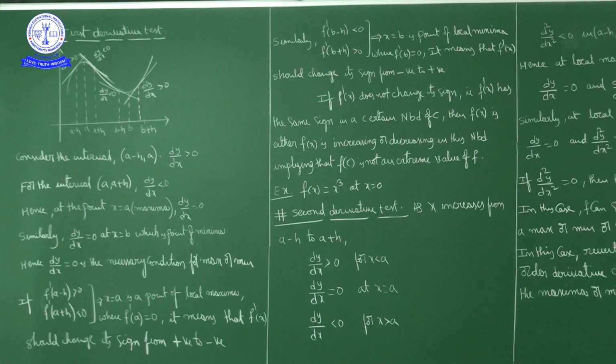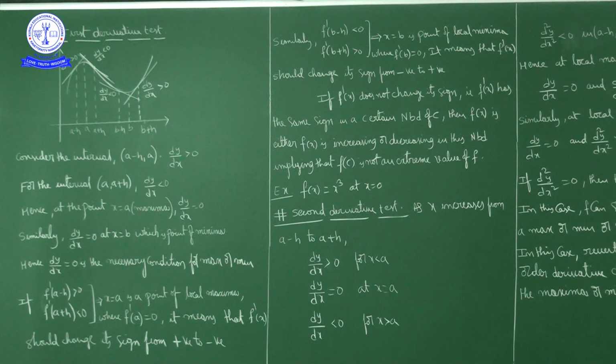Okay, next, the second derivative test. If you observe in the a minus h to a plus h region, for the second derivative test here we will check d square y by dx square.